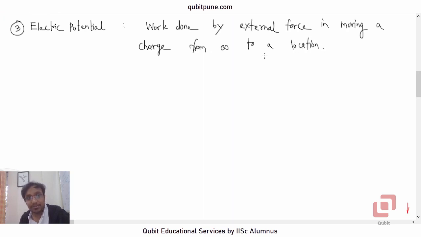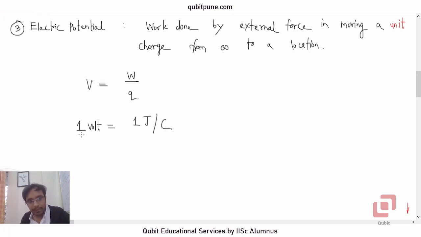So see, this is actually the definition of electrical potential energy. So how do we define electric potential? I say moving a unit charge. Electric potential is the work done by external force in moving a unit charge from infinity to a specific location. So electric potential V is actually work done per unit charge. That allows us to write the definition of 1 volt to be 1 joule per coulomb.